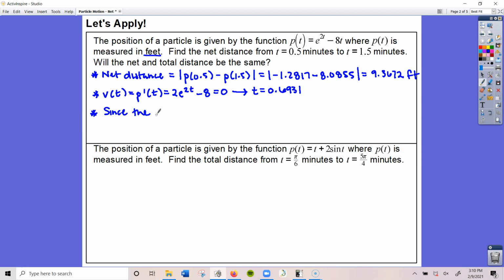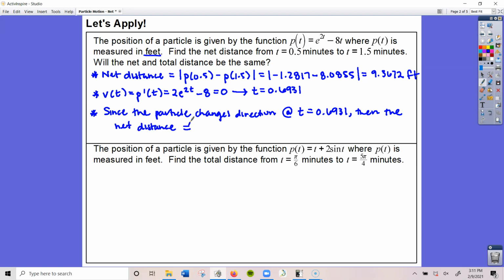Since the particle changes direction at t is equal to 0.6931, then the net distance will not equal the total distance.